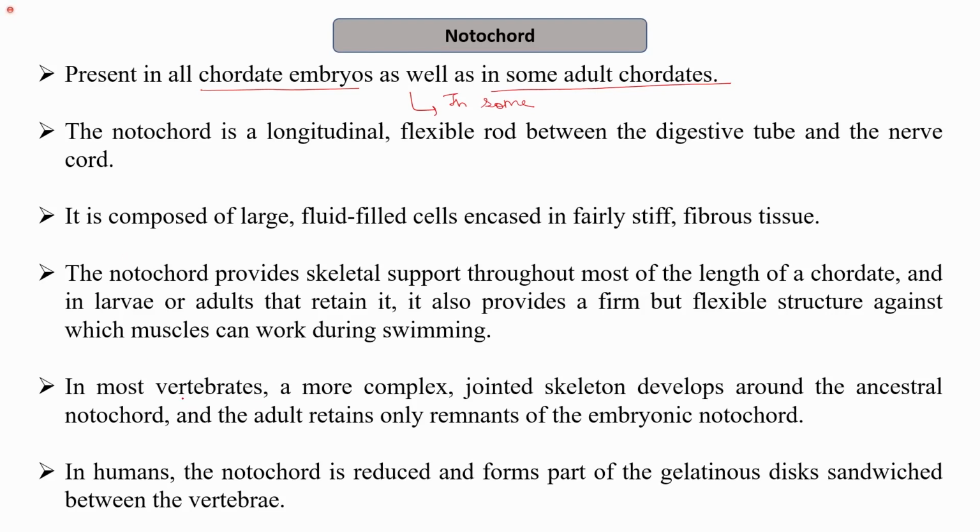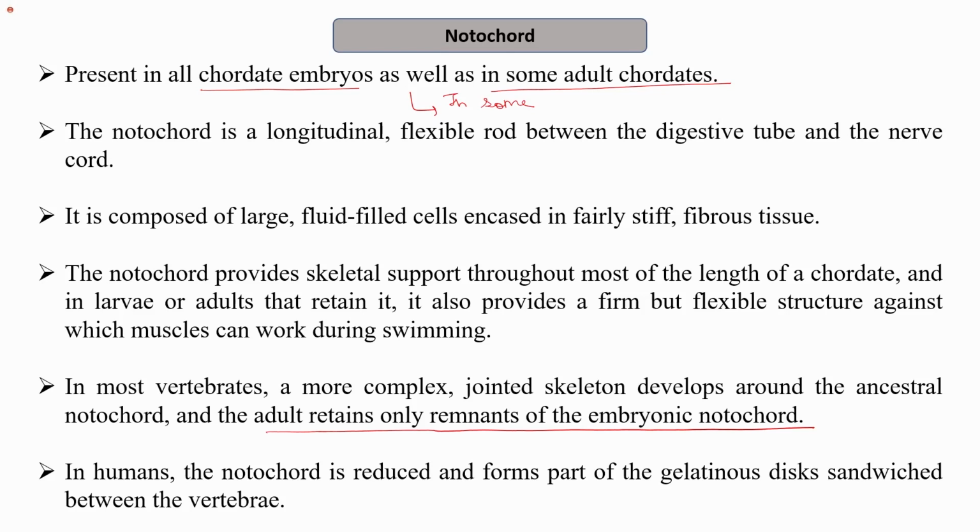In most vertebrates, a more complex jointed skeleton develops around the ancestral notochord, and the adults only have the remnants of the embryonic notochord. So the notochord can be observed only in the embryonic stage.